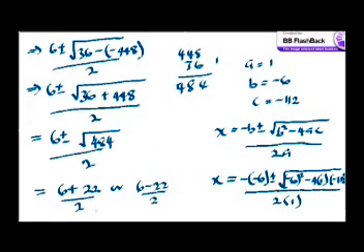So for this value, okay, let me quickly just represent this way. For this value, I'm going to get 28 over 2, and for this value I'm going to get minus 16 over 2, and this will further give me 14 as my final answer, and this will further give me minus 8 as my final answer.